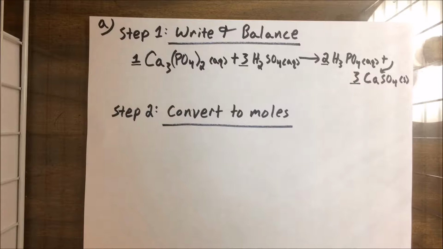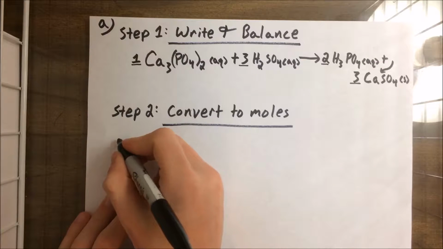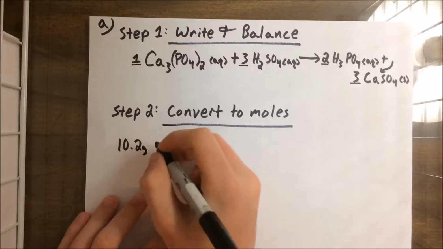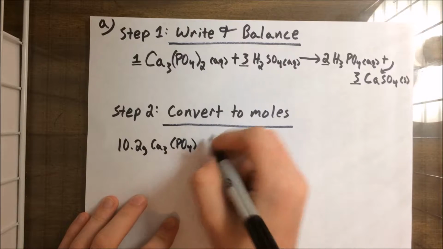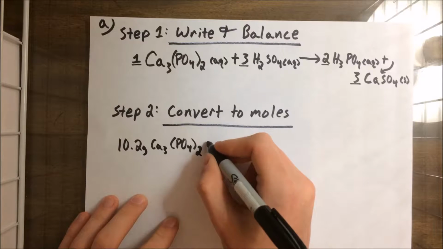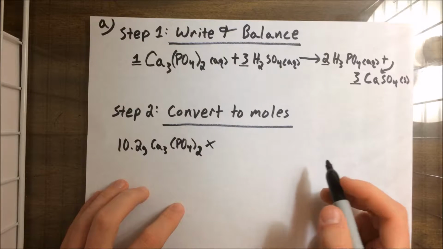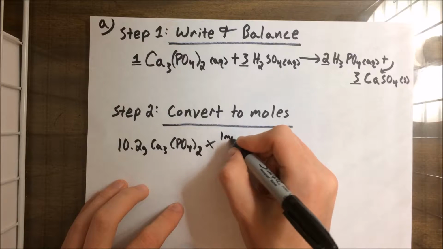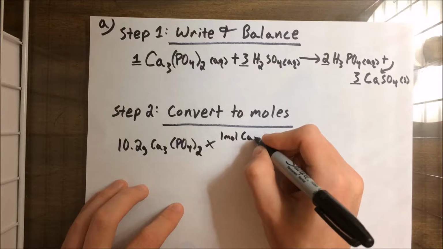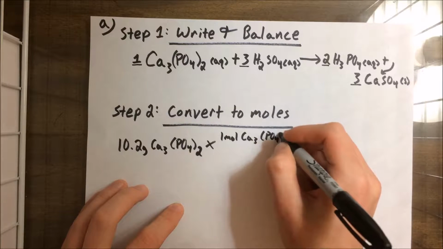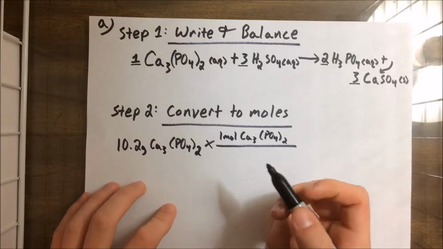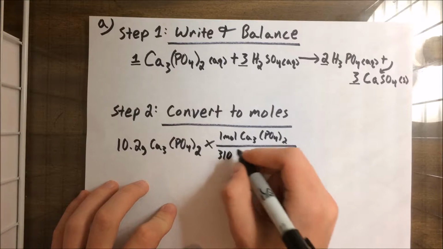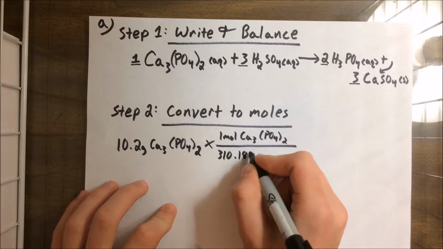Okay, so for step 2, we're going to convert the 10.2 grams of calcium phosphate, Ca3(PO4)2, into moles. That would be 1 mole of Ca3(PO4)2 over the molar mass of calcium phosphate, which is 310.18 grams.